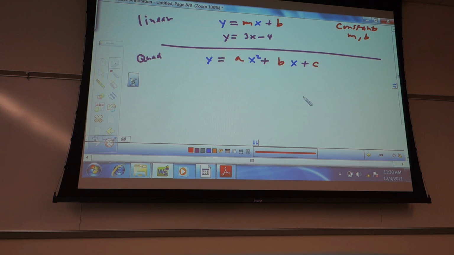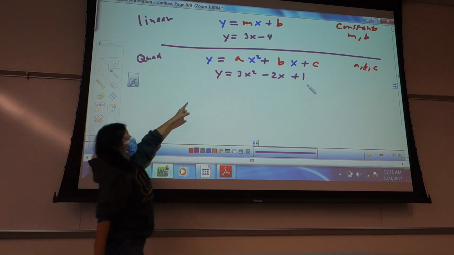Remember that one? Again, here my constants are a, b, and c. There are some numbers I need to find, and then I'm all good, or they're often given to me. Constant says to me that they don't change. They're constant. So for this problem, it might be 3x squared minus 2x plus 1.